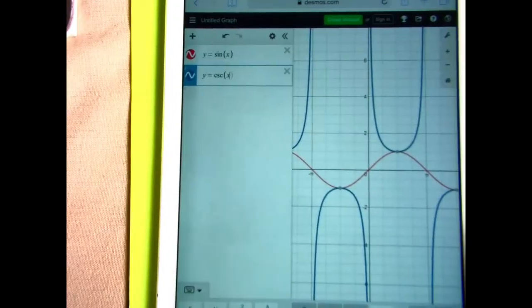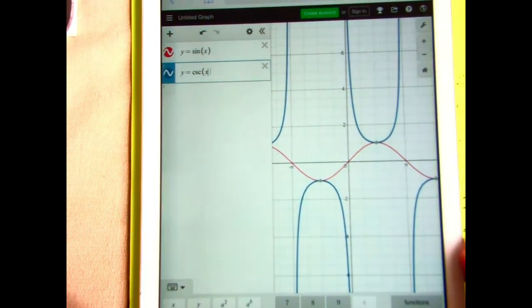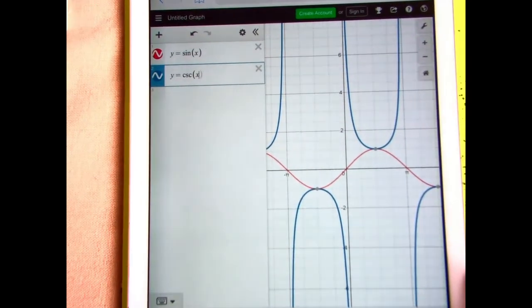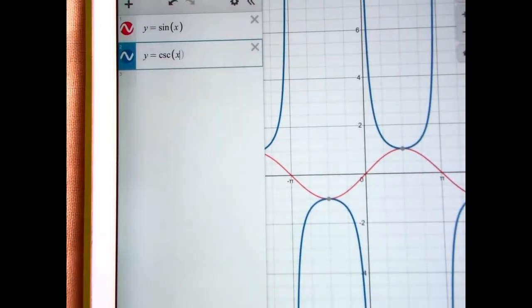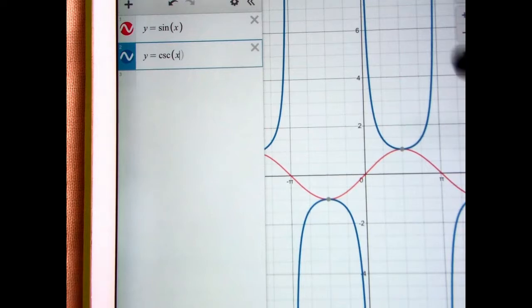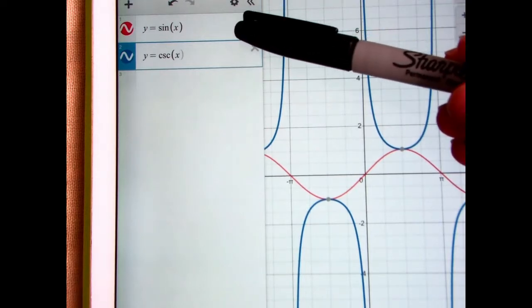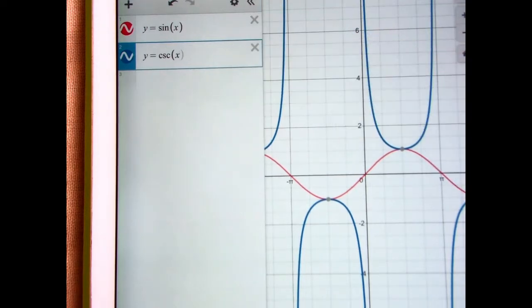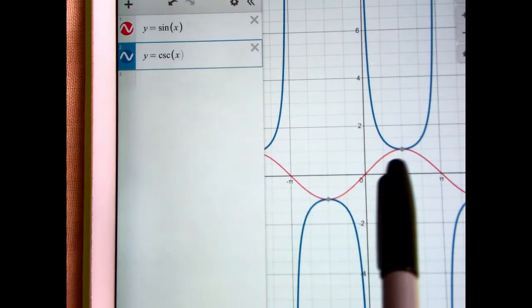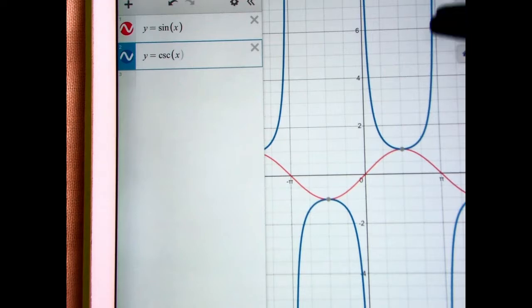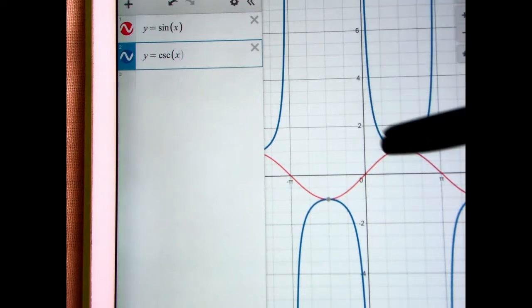So I'm always encouraging you to use desmos.com as a way to check your work and gain further understanding of what these graphs look like. So I've started you off with sine and cosecant. There's the sine graph in red there, and in blue is the cosecant graph.